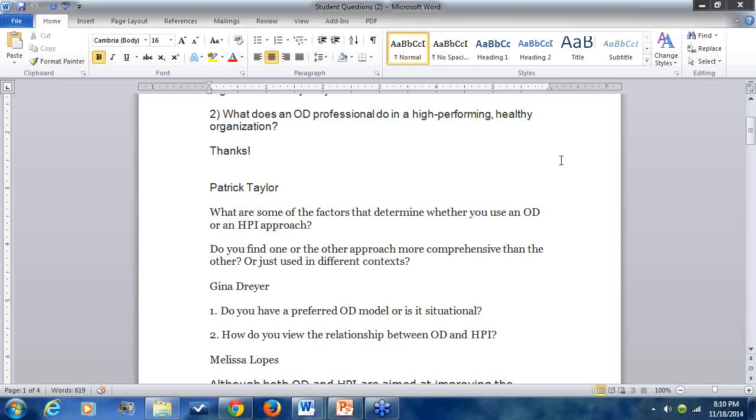True OD is not saying, okay, I know everything there is to know about the 7 habits of highly effective people, and everything matches that. True OD really begins with the assessment and saying, okay, what will work better? And if an HPI approach will give you the effectiveness you need because you really have a human performance issue, then that's the direction you should go. And any OD person worth their salt will tell you that.